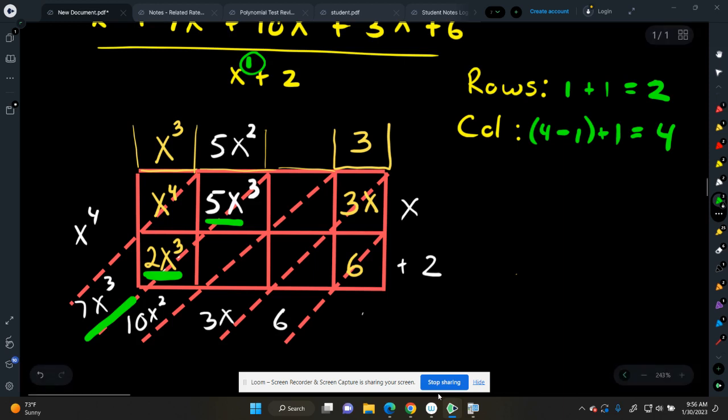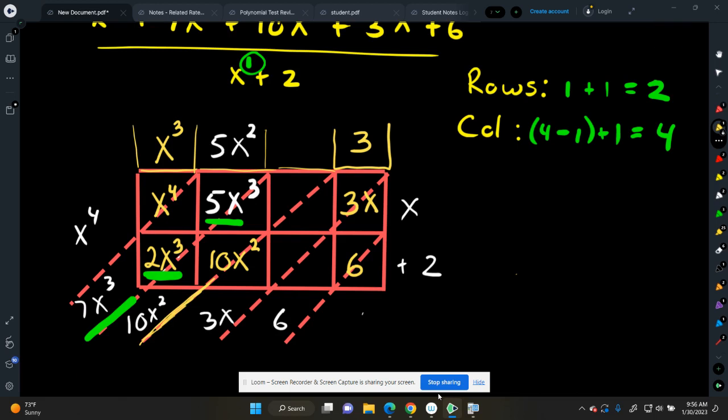Okay, let's look at the next one now. So we can fill in this box down here. 5x squared times 2 equals 10x squared. Look at the diagonal. How many x squares do I need? I have 10x squared, so I don't need any more. So this is going to be 0 up here. So that means this has to be 0. 0 times x is 0. 0 times 2 is 0.